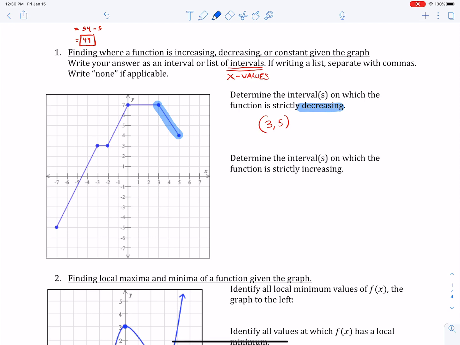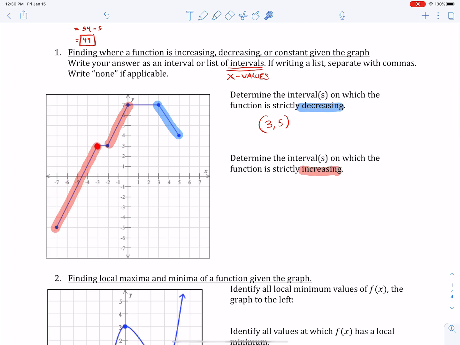Now looking at the next one, it says determine the intervals on which the function is strictly increasing. Well, I have it increasing right here, and then I have it also increasing right here. Let's look at this one.